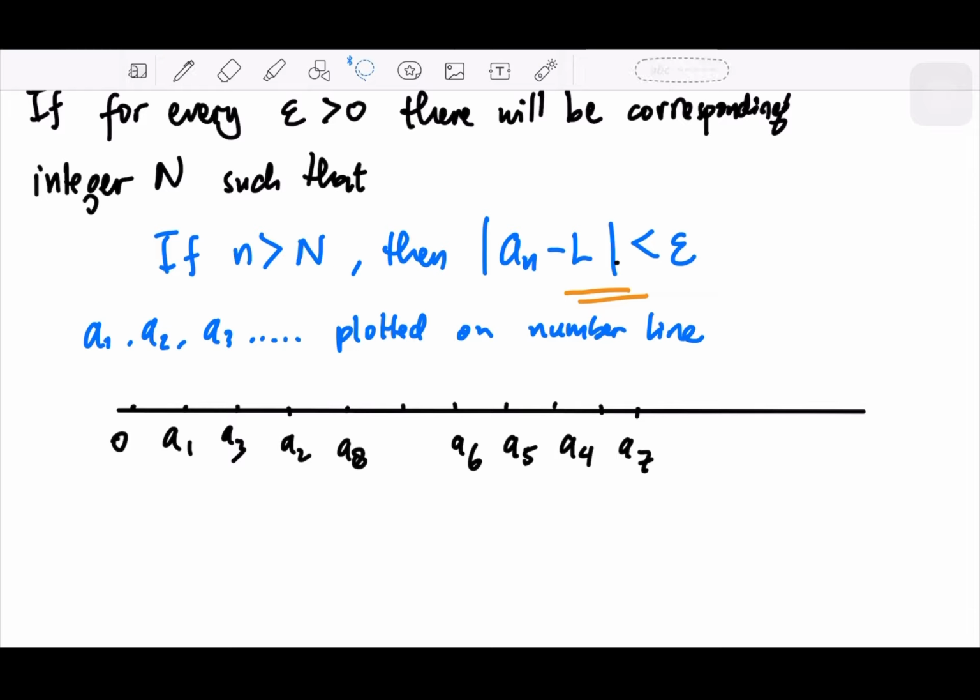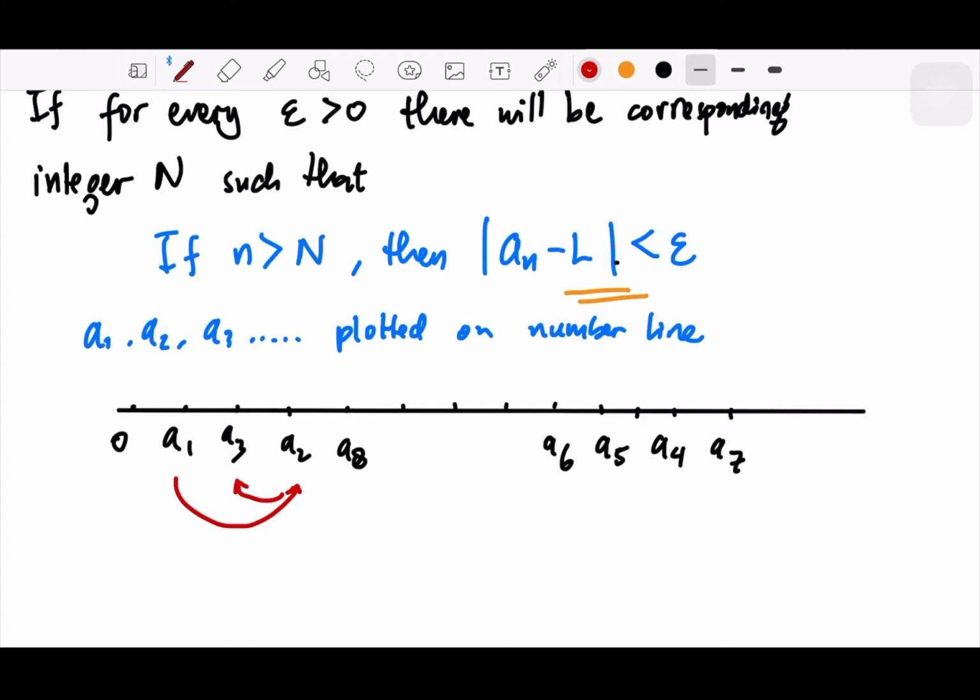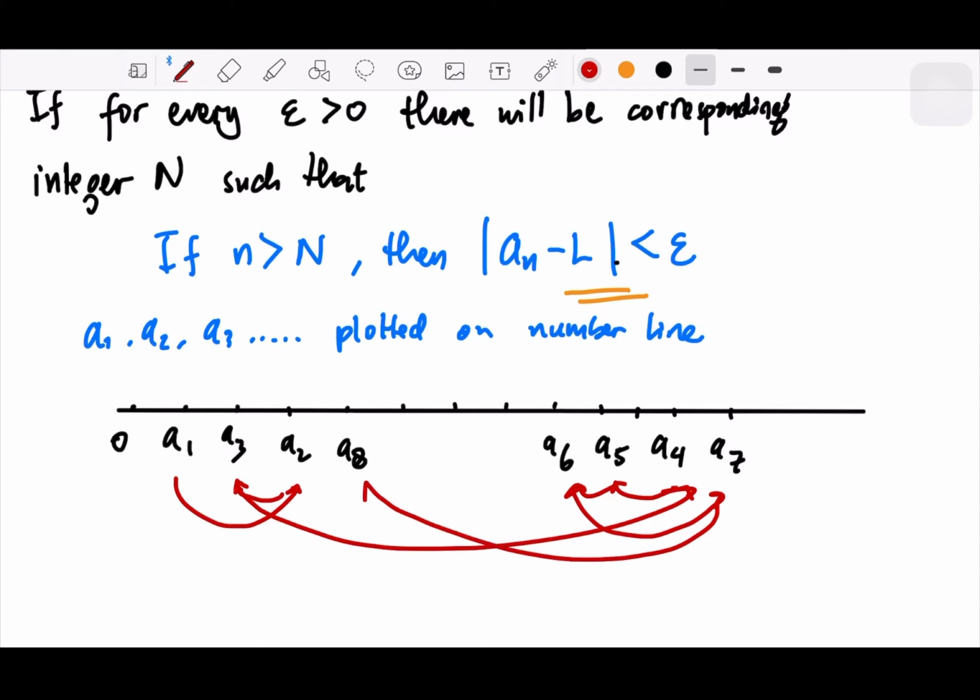So what I want to show you is that this is the sequence going forward and backward. Like they have some kind of order. From a1 to a2, and then going back here, going forward, going back, going forward, and then going back. And then probably a9 is here.